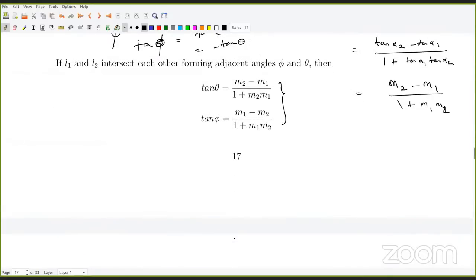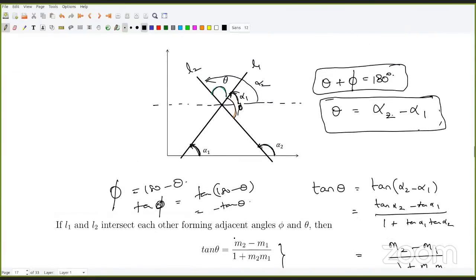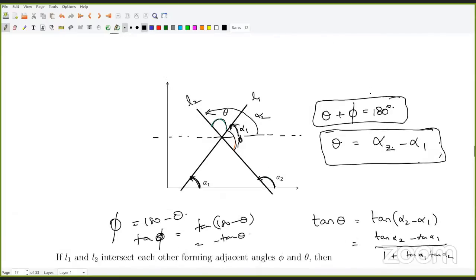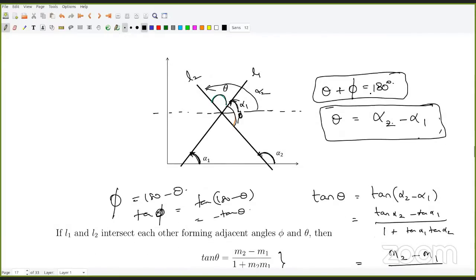Sir, I have a doubt. How do you find which line has slope m1 and which has slope m2? See, L1 has slope m1 with inclination alpha 1, and L2 has slope m2 with inclination alpha 2. Now we have a question, like the triangle one, where they haven't written which one will be m1 and which one m2.